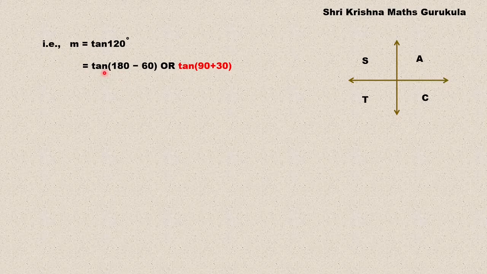This will remain tan. But here we have expressed the tan function in terms of the quadrant angle 90 degrees, so the function changes to its cofunction, that is cot. In both cases, the angle is in the second quadrant, so it will be negative. So this will be minus tan 60, or we can write this as minus cot 30. In both the cases, it is minus root 3 only. So the slope of the line is minus root 3.